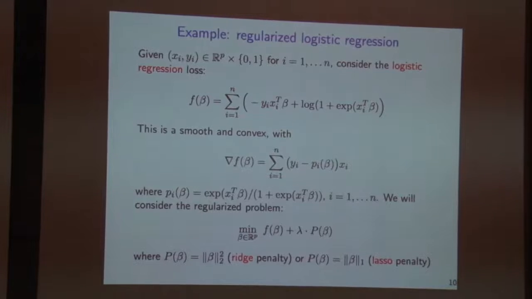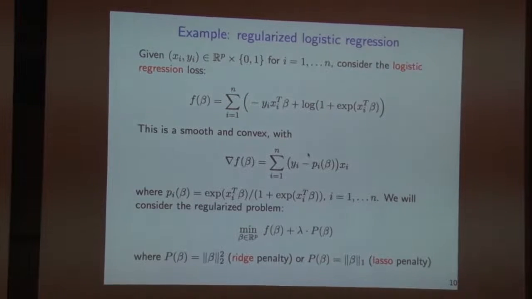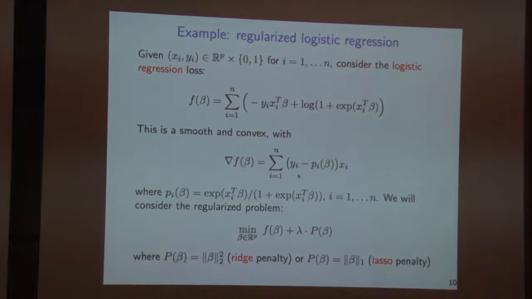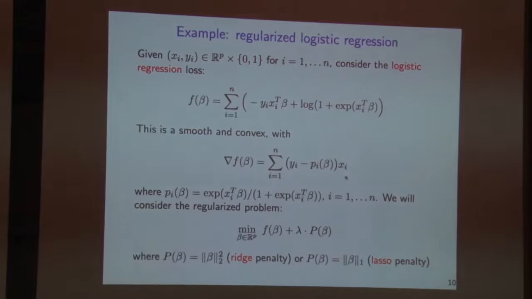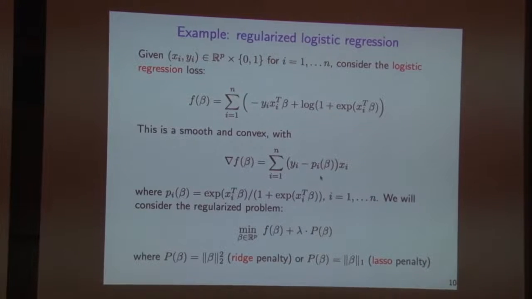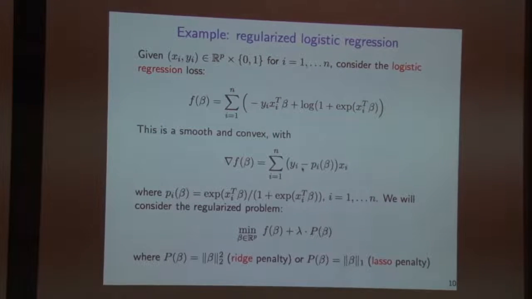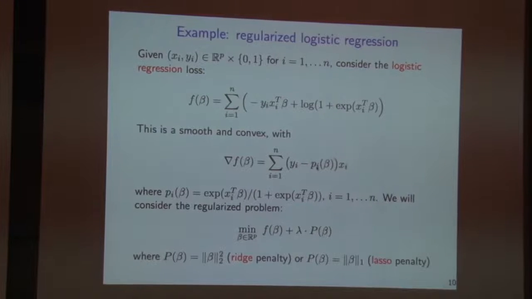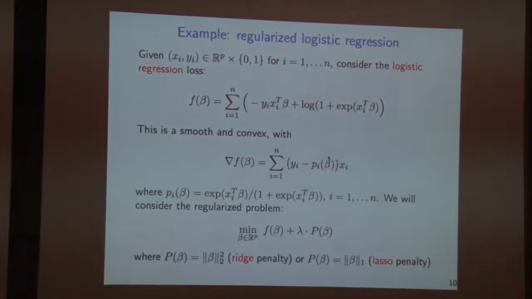So this is convex, and its gradient looks very much in line with what we see in linear regression. In linear regression, we saw that the gradient was the predictor variables interproducted with the residuals. It's the exact same thing here, except the residuals here are yi, the output, minus, instead of just being xi transpose beta, like it would be in linear regression, the predicted probability of yi being equal to 1.